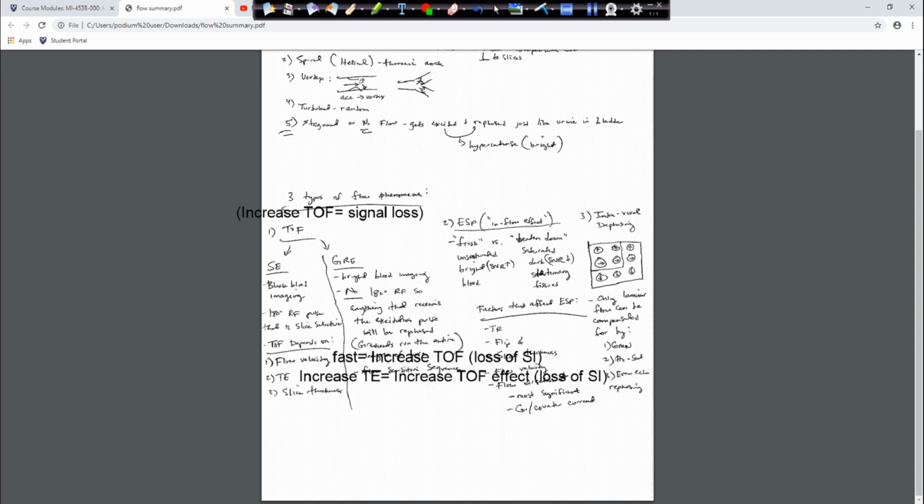Because if we space out our TE, that means we're dragging out when that 180-degree refocusing pulse is going to happen. So basically, there's more time to leave the slice before it gets refocused. And then the only one that actually increases our signal is our slice thickness.